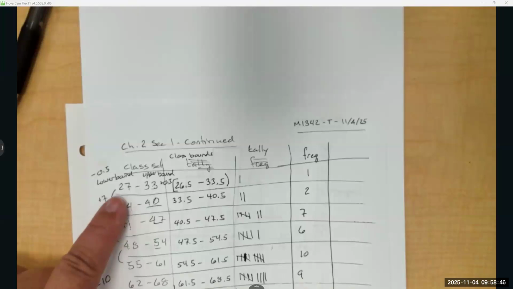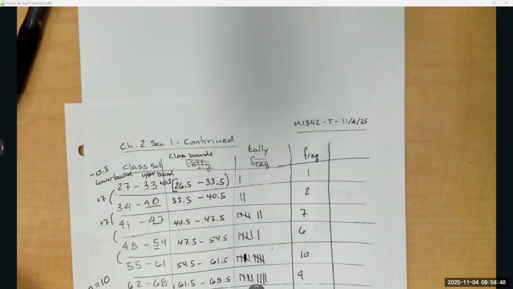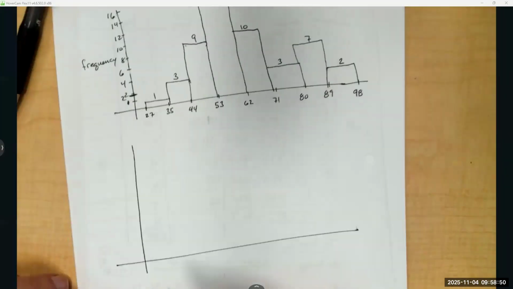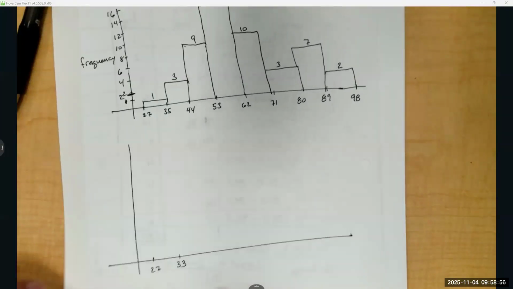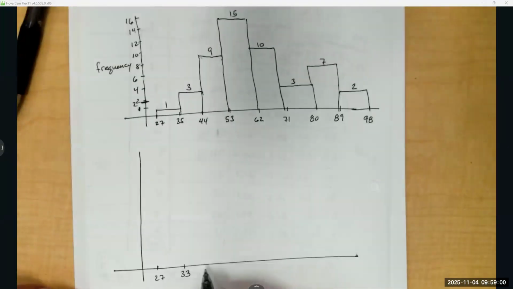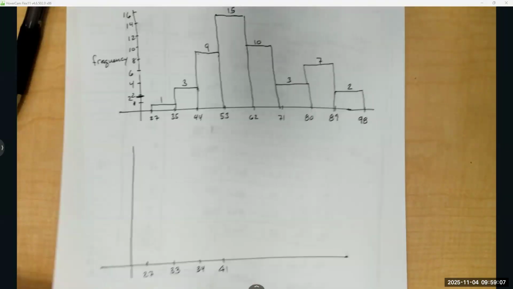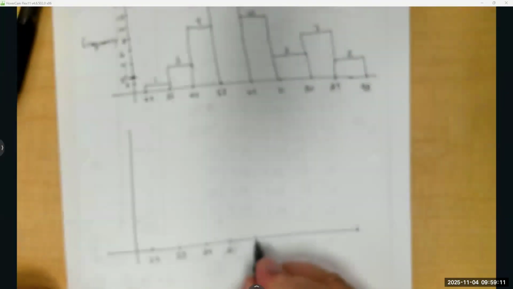So with this one, we have to go with these intervals from 27 to 33. We'll start at 27, go to 33. Then 27 goes to 34. Then to 41. Then to 48.